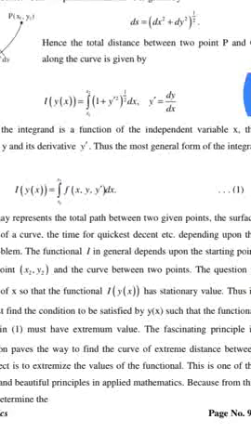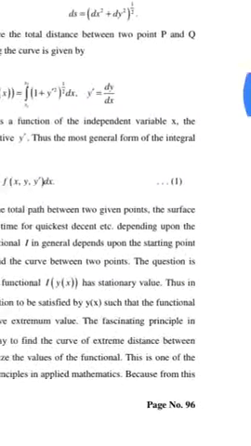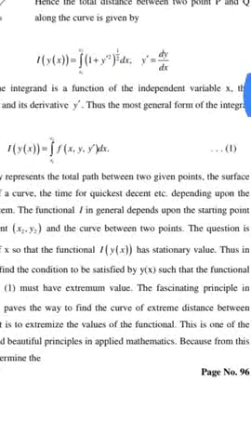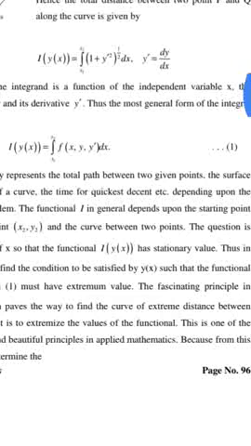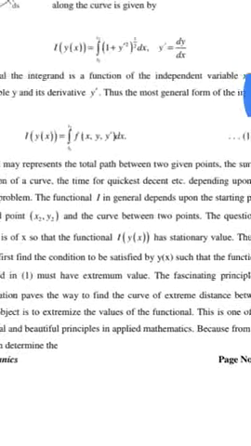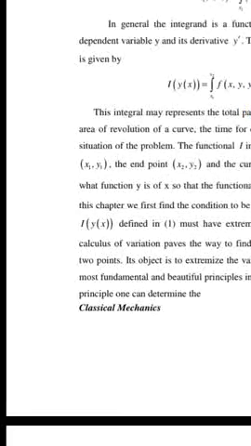Hence the total distance between 2 points P and Q along the curve is given by I of y of x is equal to integral from x1 to x2 of square root of 1 plus y dash square dx, where y dash is equal to dy by dx.